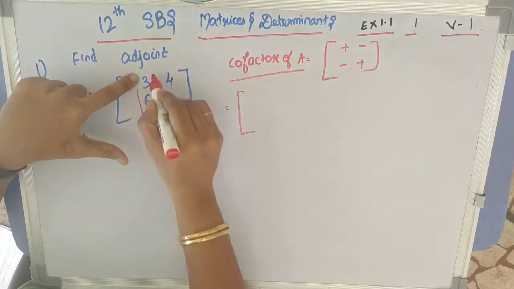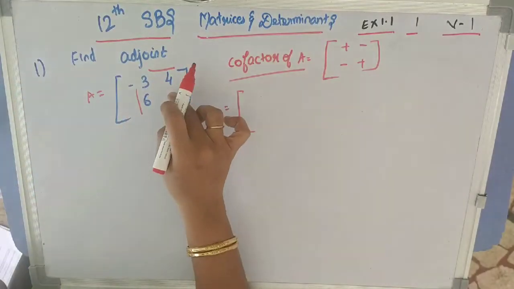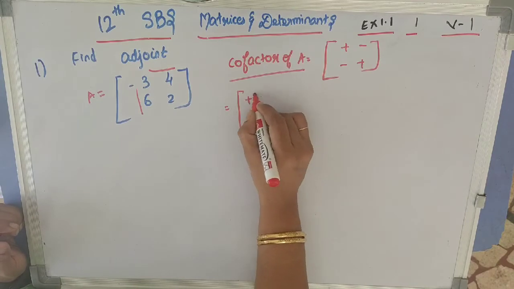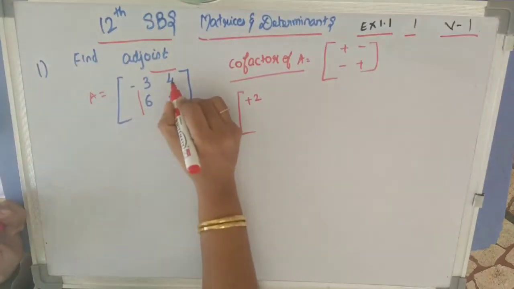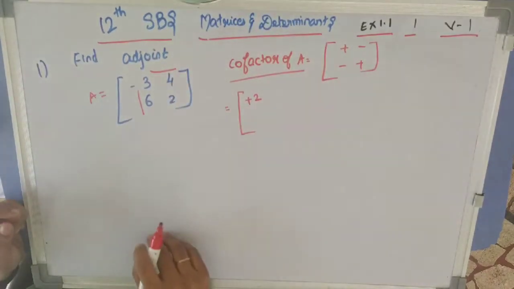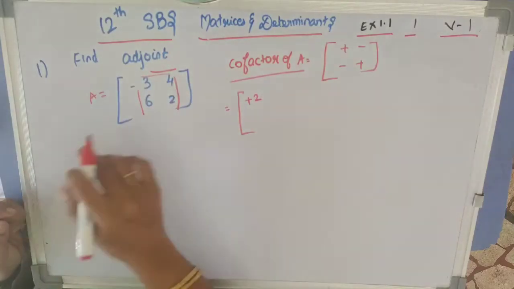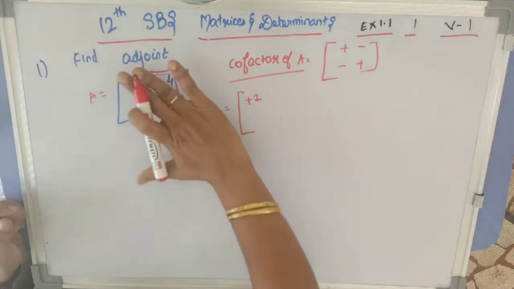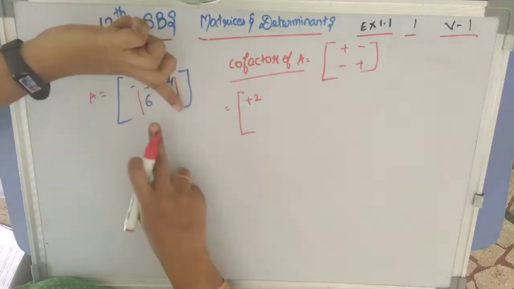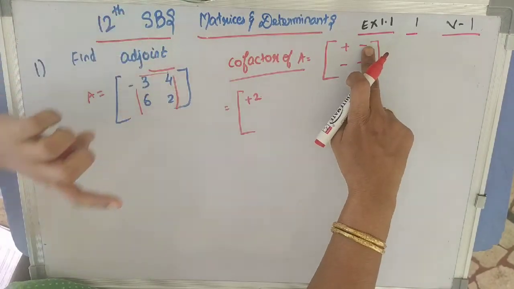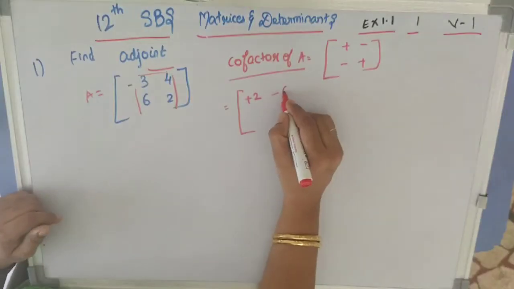Where is minus 3? Row 1, column 1, and eliminating these numbers, what is remaining? 2. The sign convention is plus, so plus 2. Now the cofactor of 4, which is in row 1 and column 2. Eliminating 3, 4 and 2, 6 is remaining. I use sign convention minus and write minus 6.